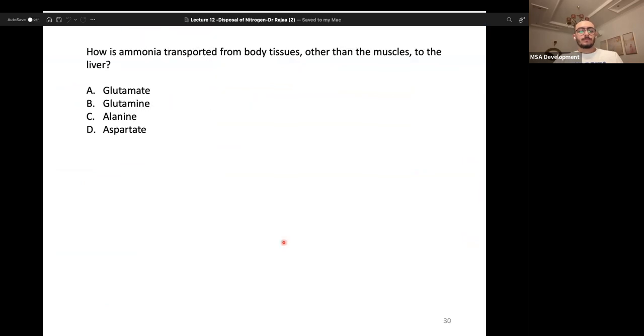Next question. How is ammonia transported from body tissues other than the muscles to the liver? Glutamine. Yes, glutamine. Let me go over all the choices quickly. Glutamate is not how ammonia is transported in the blood, yet glutamate is the temporary storage of ammonia until glutamate becomes a glutamine.